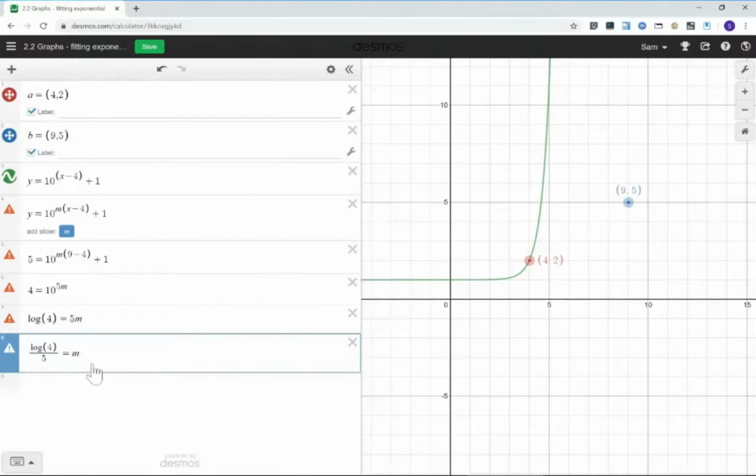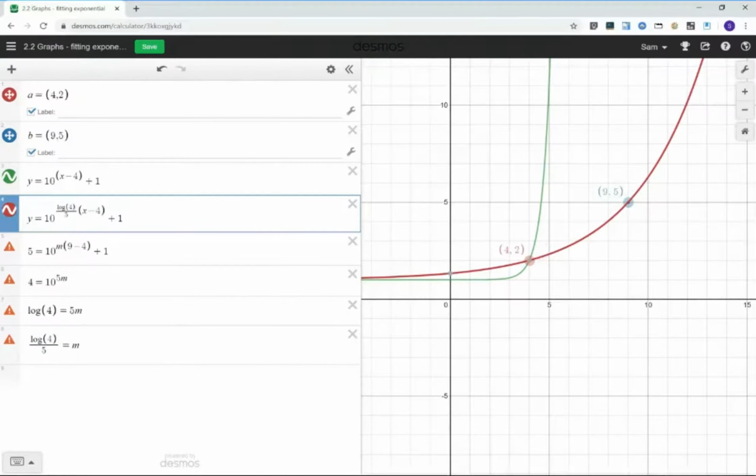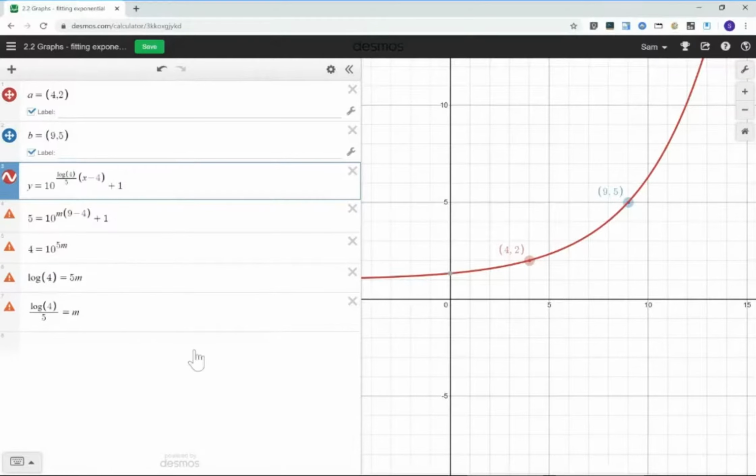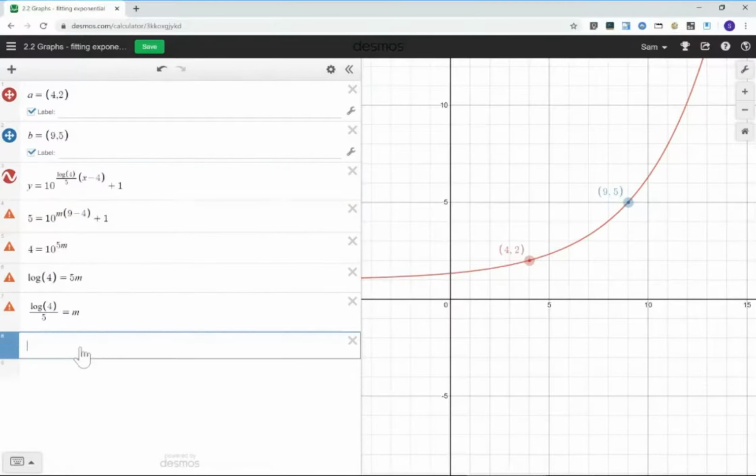M equals log 4 divided by 5. And we are done. Oh, good. I'll get rid of that original one. And there you can see the working below, which is very cool. But wait, there's more.